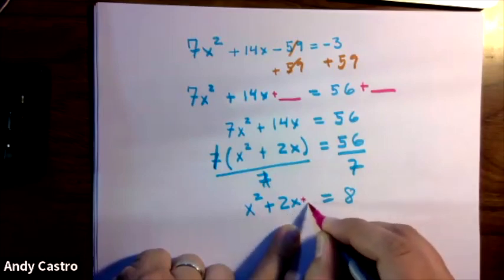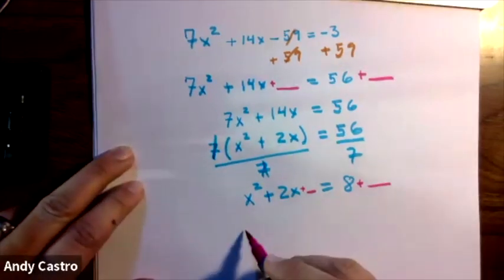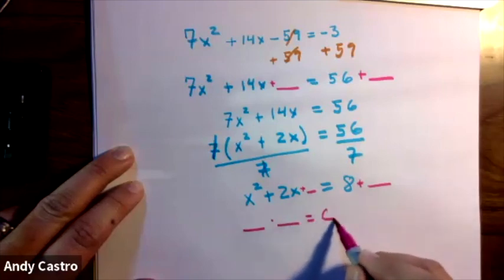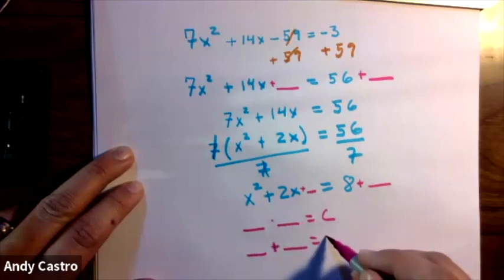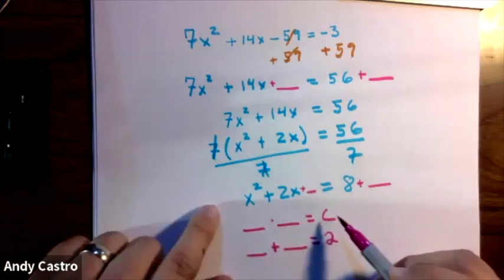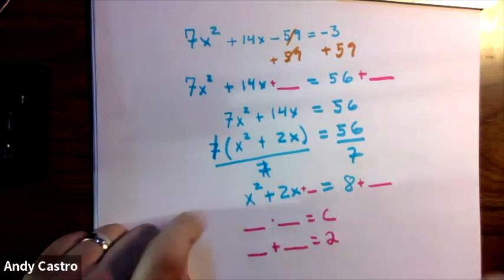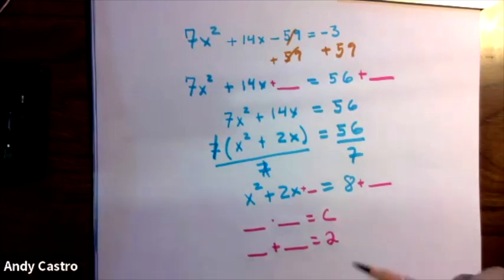So now I'll look at adding two things to both sides. Two things that multiply to give me this number c, but add together to give me that number there, which is 2. And I can do that because now my leading coefficient here is 1. So what is that?